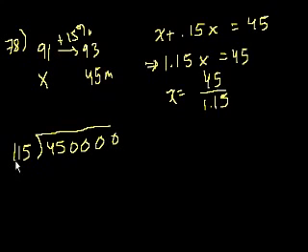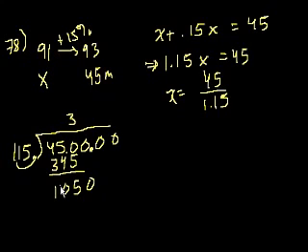That's the same thing as 115, take the decimal place, go 2 to the right, going to 4,500, right? 115 goes into 450 how many times? Does it go into it 4 times? No, that would be 460. So it goes into it 3 times. 3 times 115 is 345. This difference is 105.